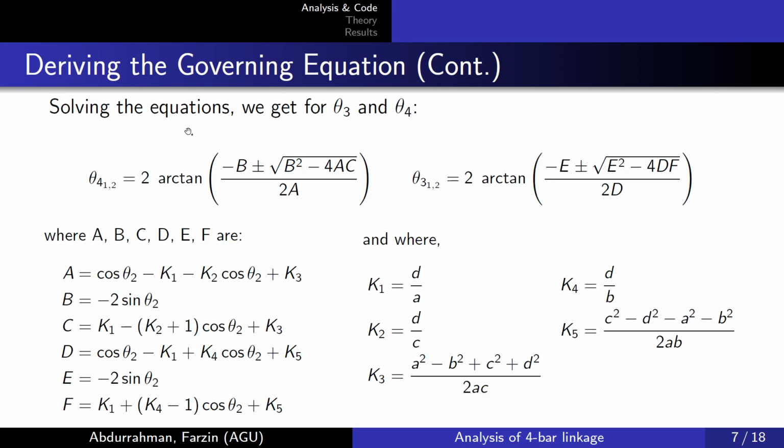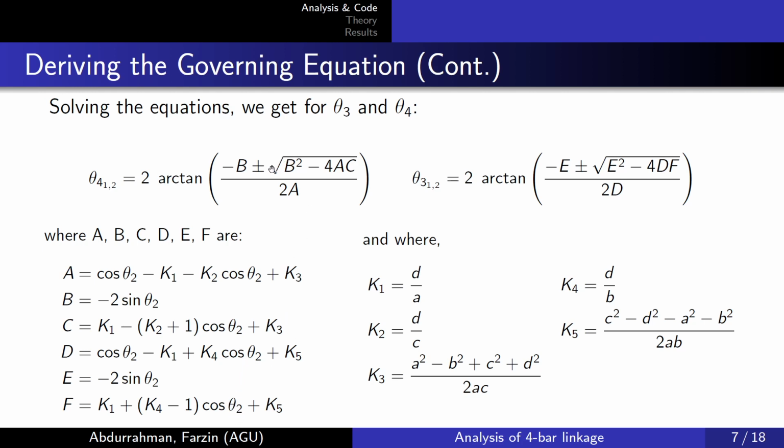For theta 4, we will have this equation. For theta 3, we will have this equation, where the constants are defined as follows from A to F, and each of those has other constants from K1 to K5, which are defined as follows. As we can see, everything is defined using the length of the links, which is known, as well as theta 2, which is also known.